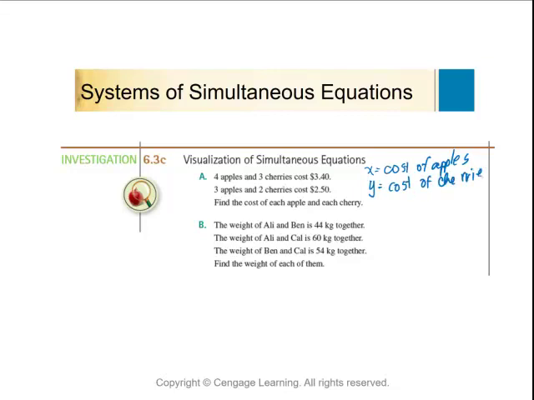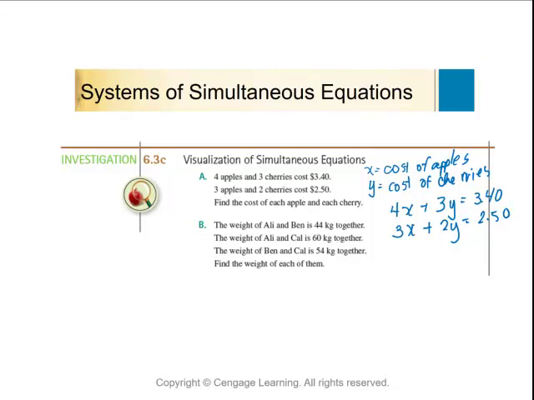Now when I get finished and I know what x equals and y equals, I'll be able to look back at the top and go, oh, there's the cost of apples. So I know that 4 times the cost of apples plus 3 times the cost of cherries, that's y, equals $3.40. And then 3 times the cost of apples plus 2 times cherries costs $2.50.